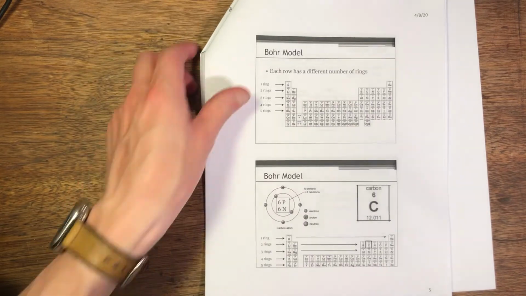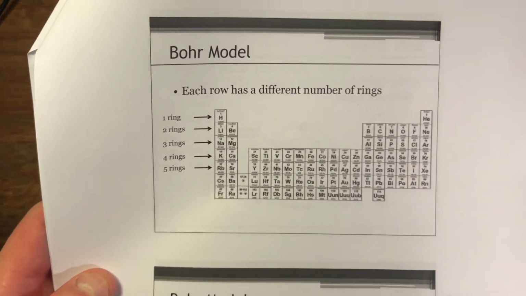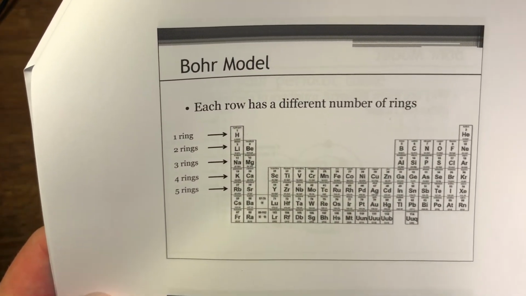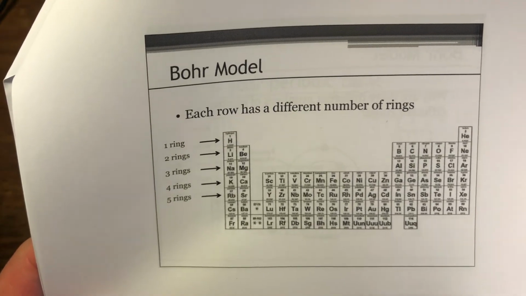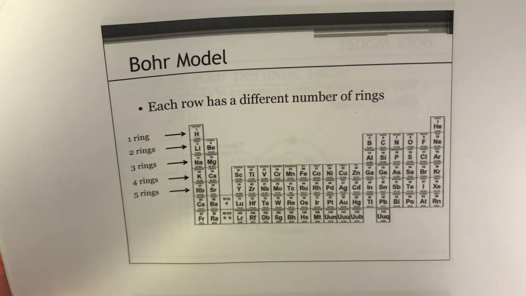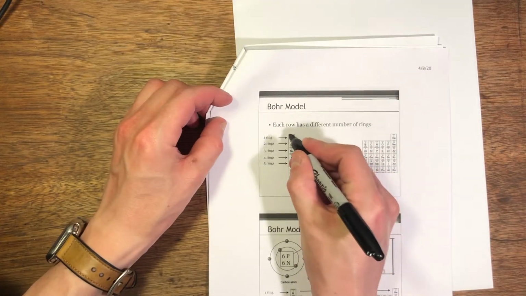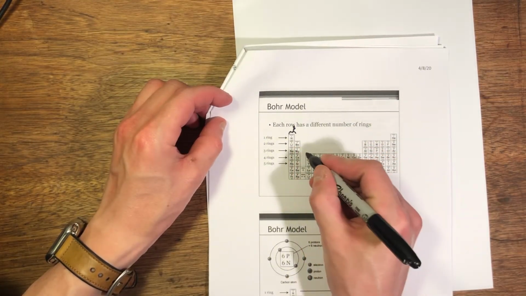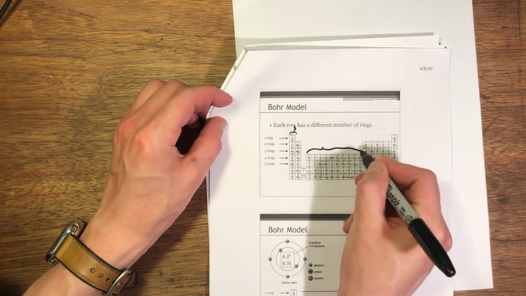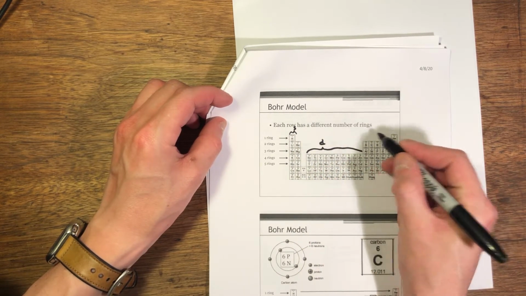So if you remember, and you should because we just learned about it, each of these corresponds to a block in terms of the electron configuration. So we have our S block here. This is going to be the D block. Oh, messed that up.